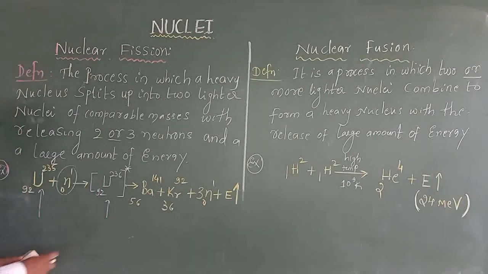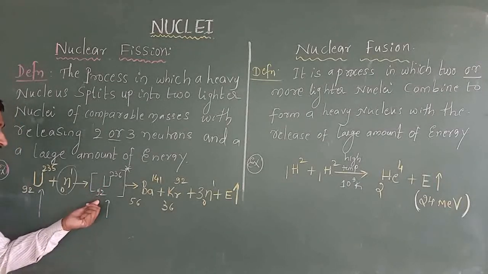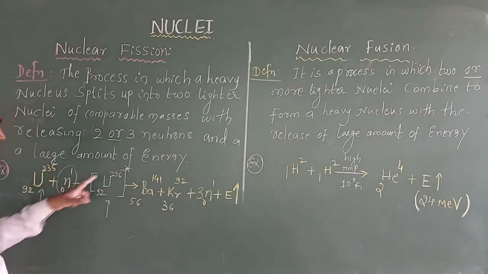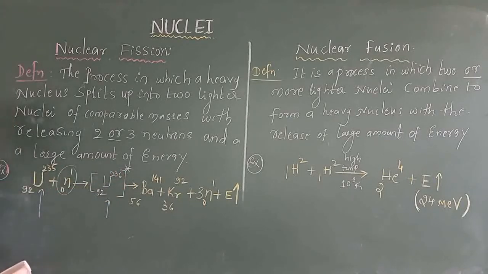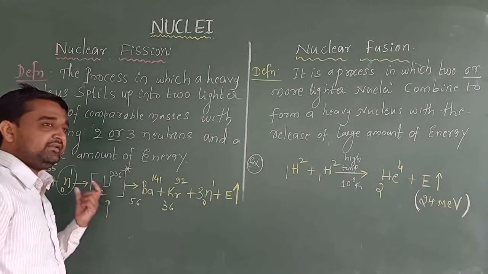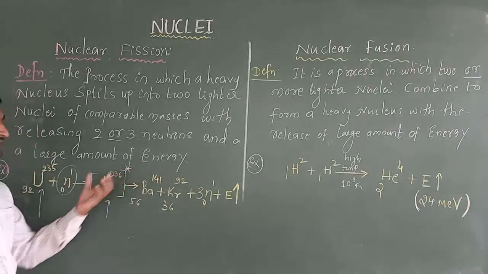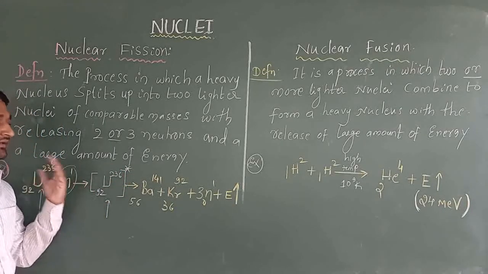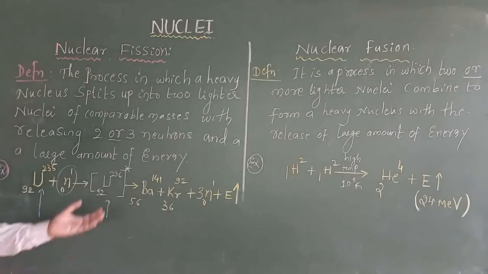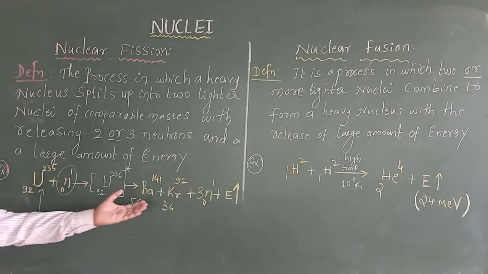An unstable compound nucleus is formed; the atomic mass number is increased by 1 unit when one neutron is captured by uranium 92-235. The star indicates that it is unstable. Then it tries to become stable and splits up into two lighter nuclei.